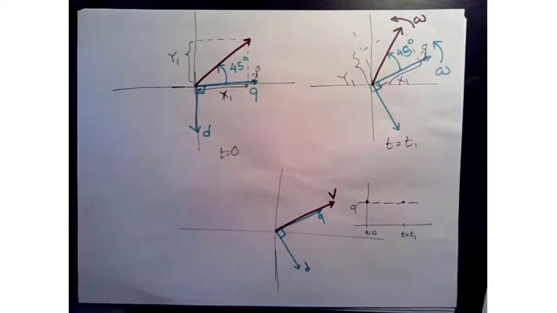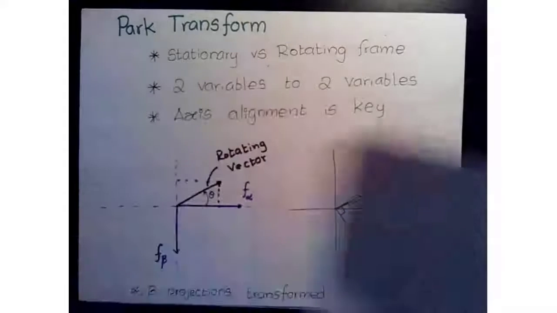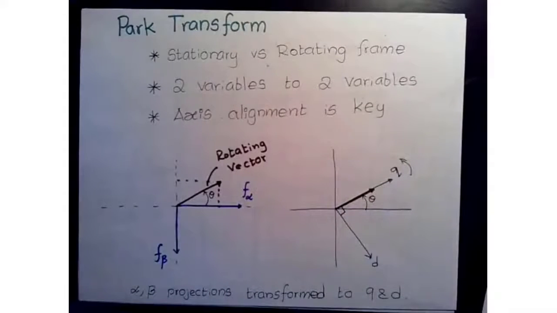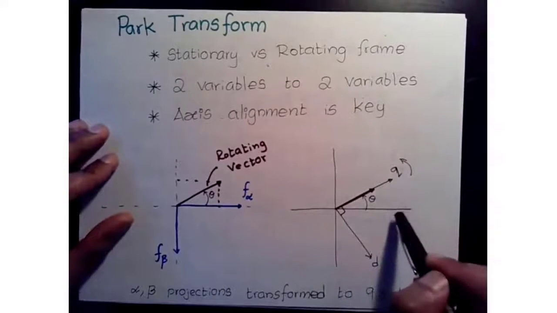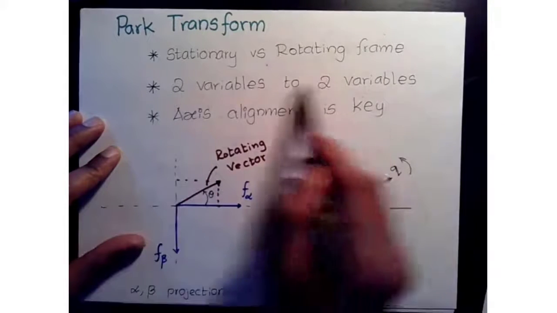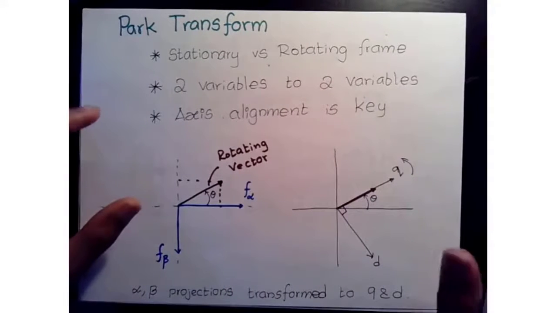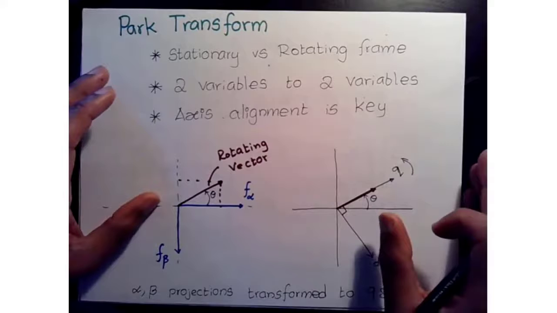But having this rotating frame helps us observe the system as a DC system or a steady system. So that is the advantage. Depending on the relative axis alignment, you can decide if you want to see a certain value on the direct axis, or full amplitude on the q axis, or a partition of the vector between the q and d axes. Okay.